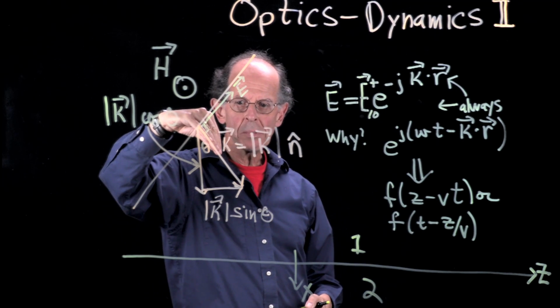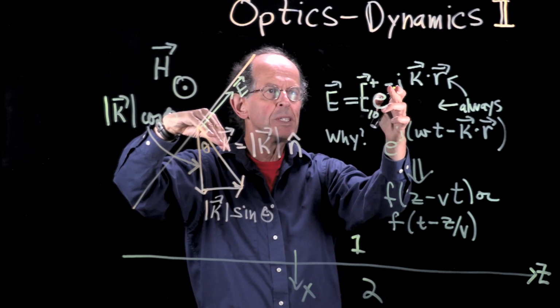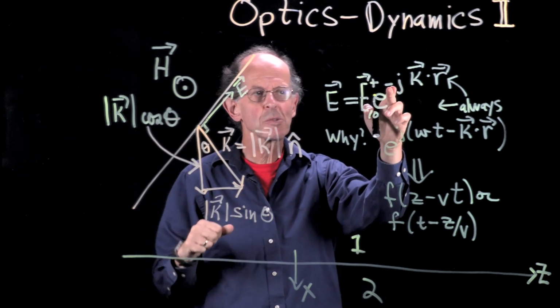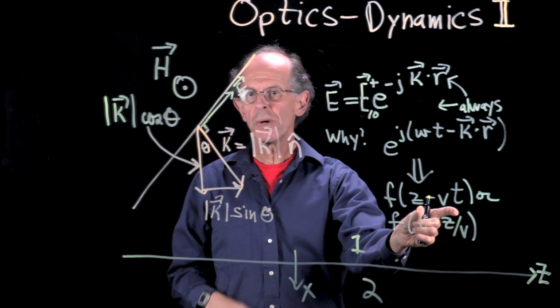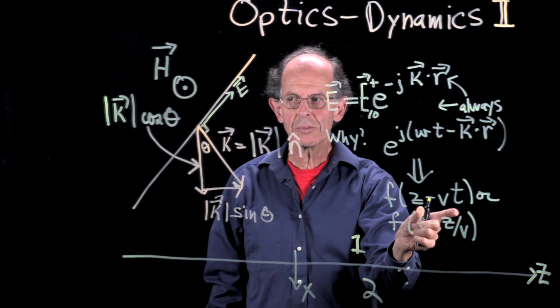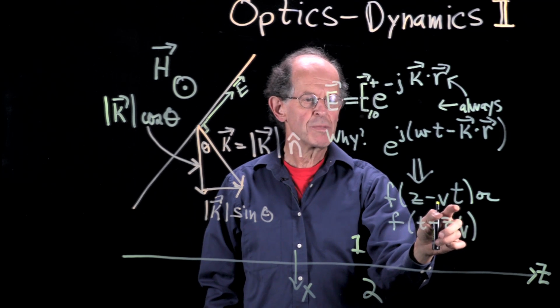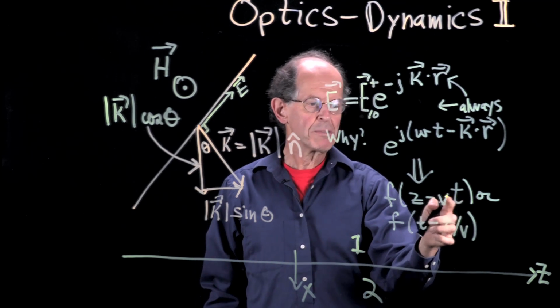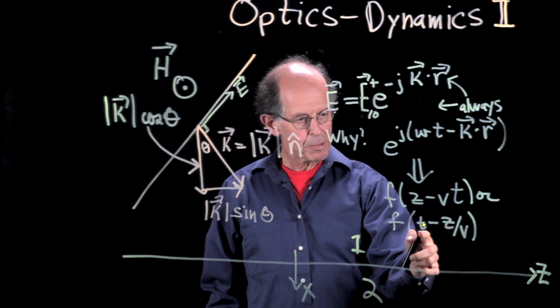K is the normal, so as long as we fix k, the problem is solved. The only thing that's left to discuss is why it's a minus sign, and to do that, we go back to our one-dimensional idea that we did right at the beginning of the course, f of z minus vt, or if you want, factor out the minus v, and you can write it like this.